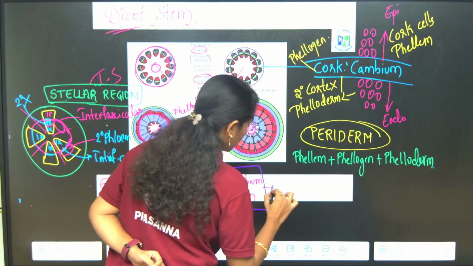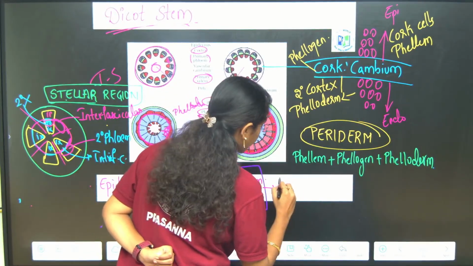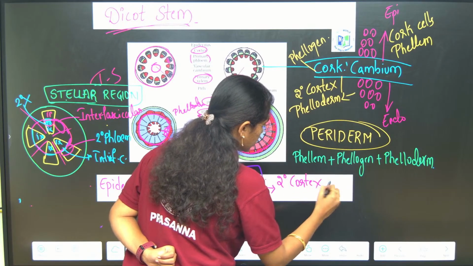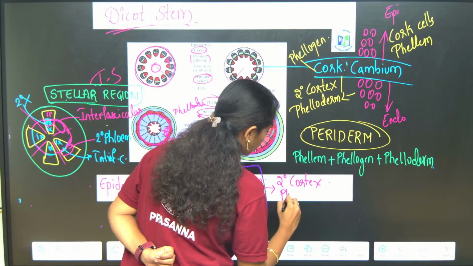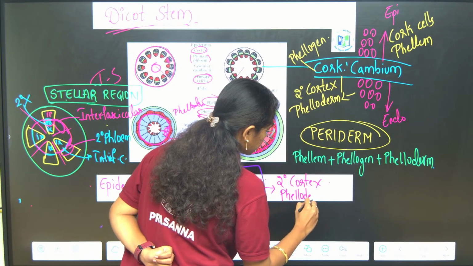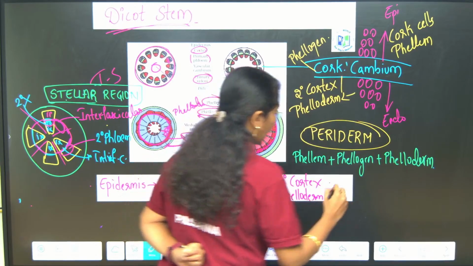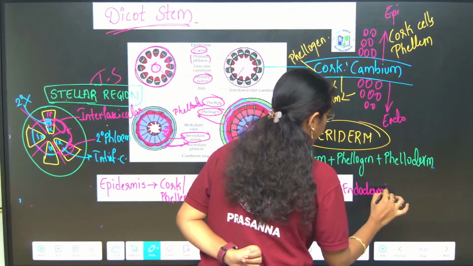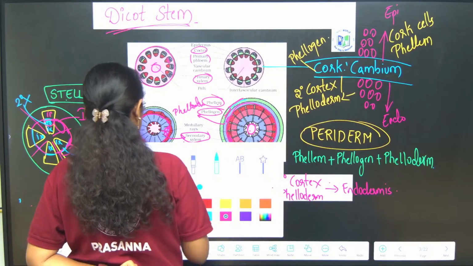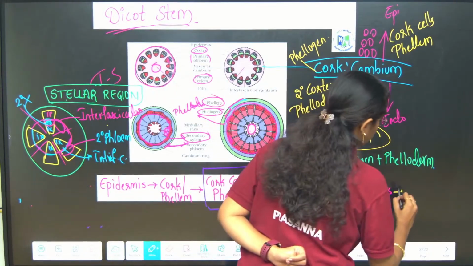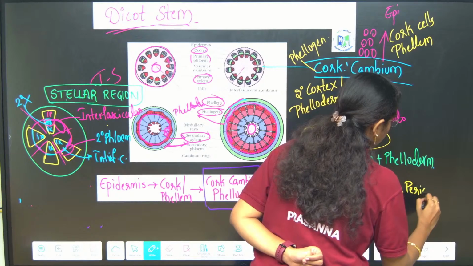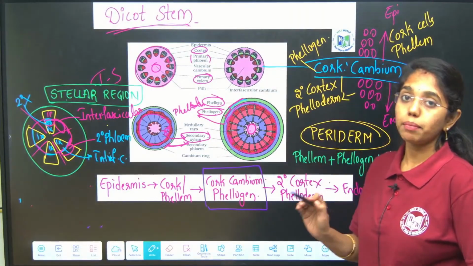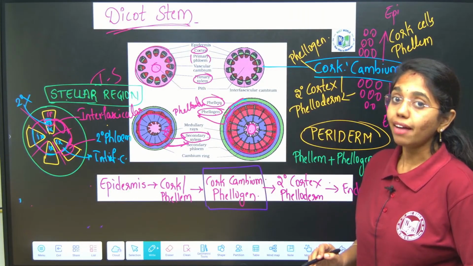And this is followed by what? Secondary cortex or phelloderm, and then endodermis, and then pericycle. Close to the pericycle, primary phloem will be there, because close to the vascular cambium you will have secondary phloem.